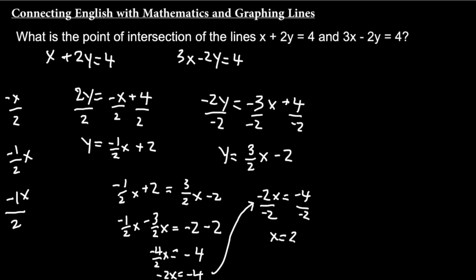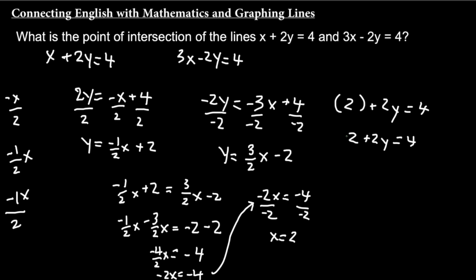Now to complete this question, we need to substitute x equals 2 into one of our equations. I'll choose the one on the left. So from here, we will get bracket 2 plus 2y equals 4. So from here, nothing really happens to the bracket, so I'll just remove it. 2 plus 2y equals 4.